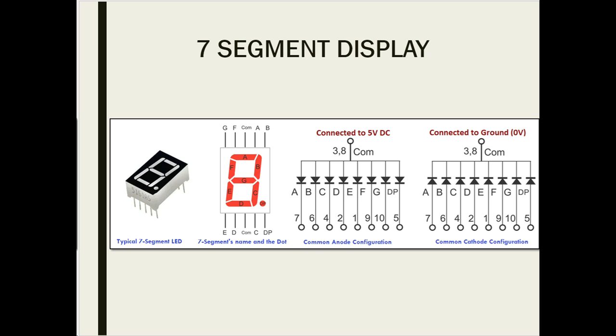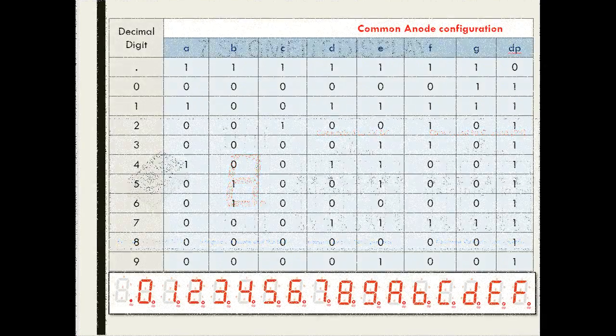Every time you give all the pins 1, it is not going to light up. Whereas in common cathode configuration, you connect the common to ground, and when you give 1 to A, it will light up. If you give 0 to A, it won't.